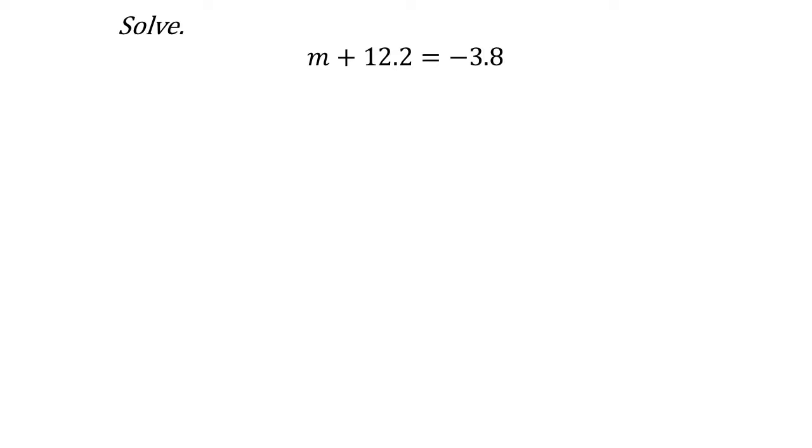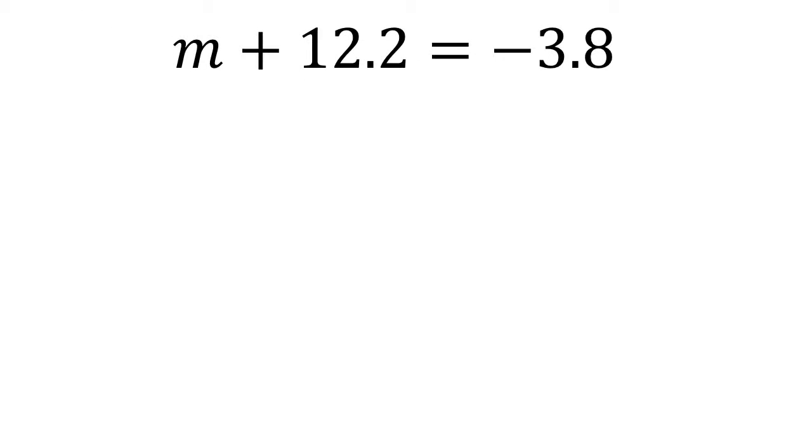So first thing I see on this one is I got an m, but it's being added to this 12.2. I don't want numbers adding letters together. Okay, so I'm going to zero out the 12.2 by subtracting 12.2 from both sides.